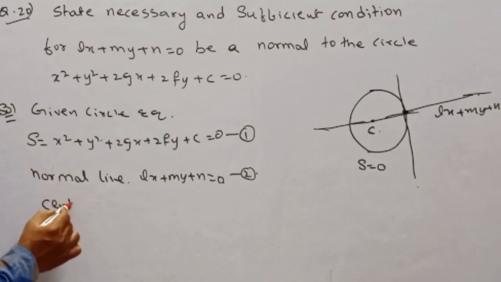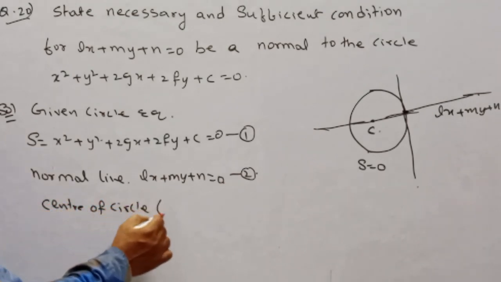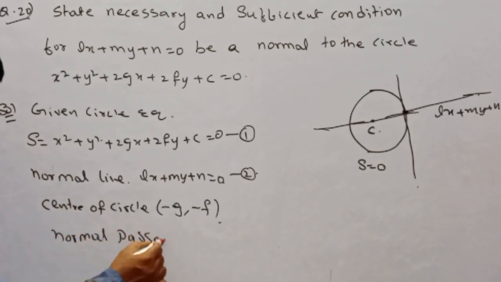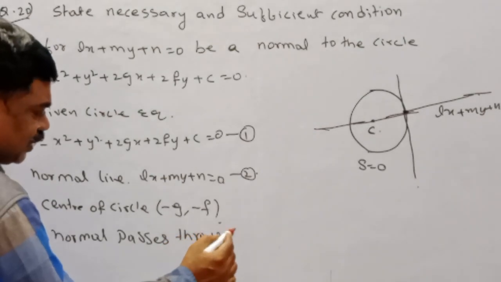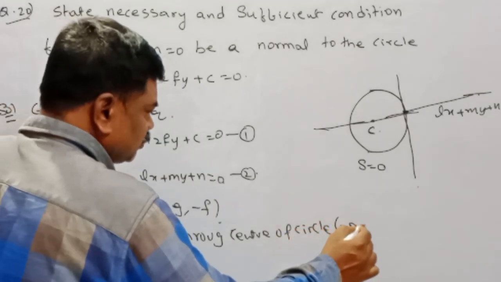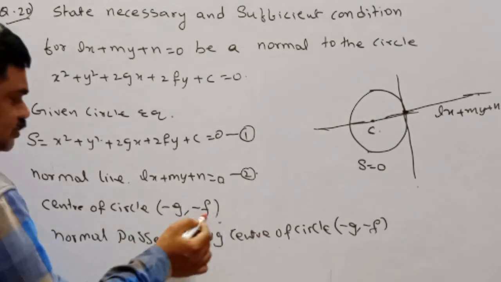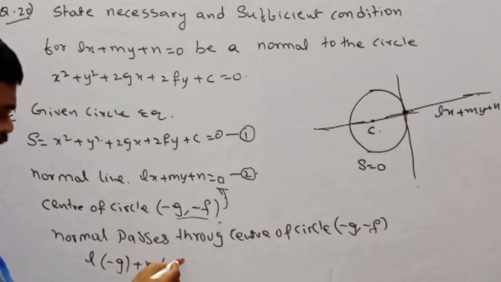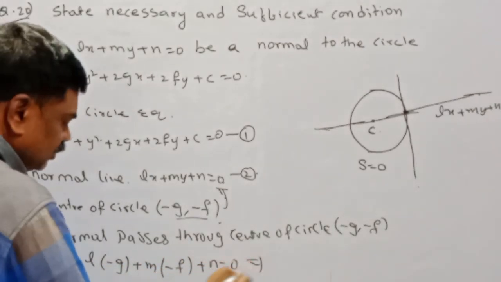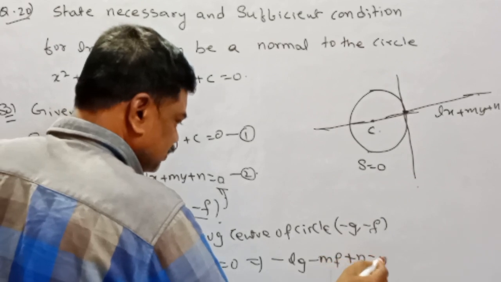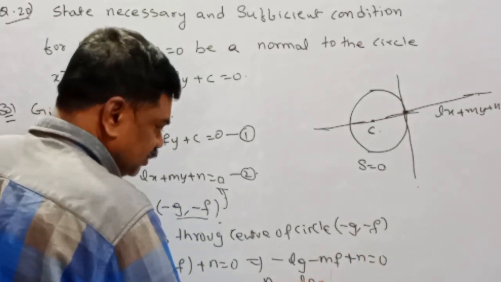The center of the circle is (−g, −f). The normal passes through the center of the circle (−g, −f). So substitute this into this, that is L(−g) + M(−f) + n = 0, which implies −Lg − Mf + n = 0, so n is equal to Lg + Mf.